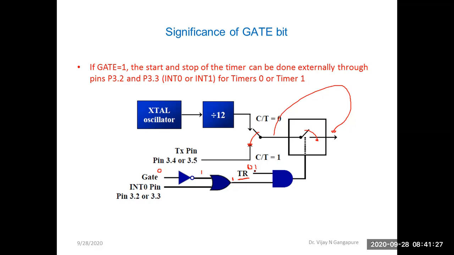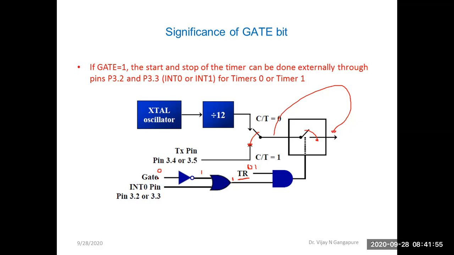If the TR bit is 0, the output of the AND gate will be 0, this gate will be off, pulses will stop reaching the output and the timer will be off. If the TR bit is 1, the output will be 1 and it will enable this gate, so whatever pulses it gets at the input will reach the output and increment the content of the timer register, which means the timer is on.